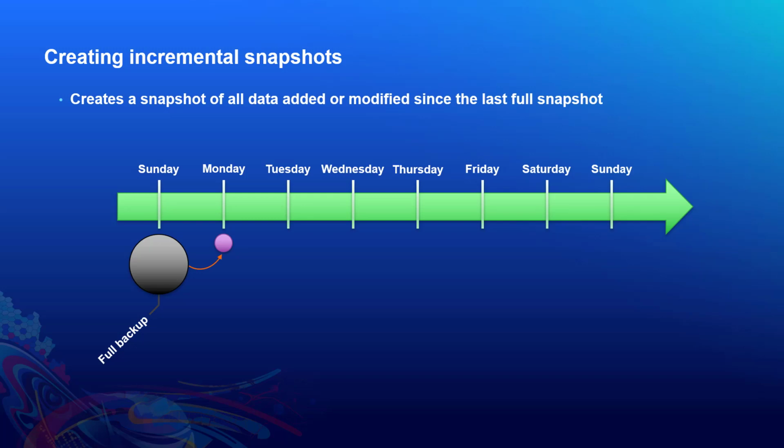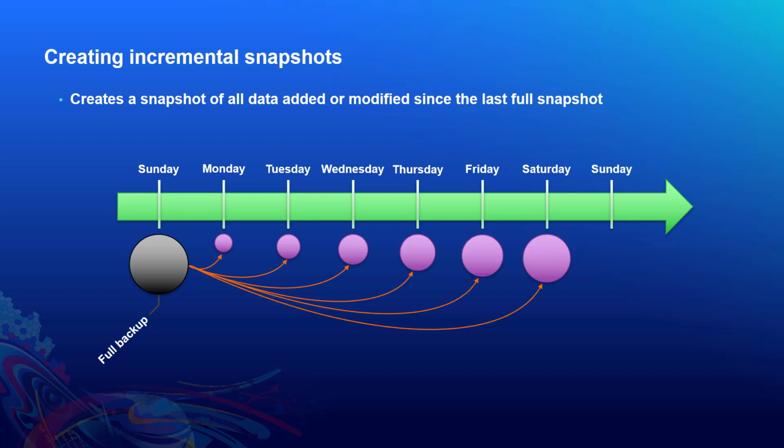So say you create a full backup on Sunday, every day you're creating an incremental backup. So as the week progresses, each incremental backup always captures all the data that has been modified or created since the last full backup. And now as you can see, as you progress through the week, the size of the incremental backup can get significantly large.